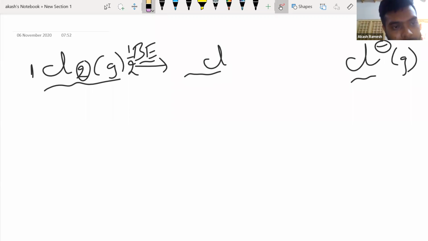I'll repeat again. How do I define bond enthalpy? It is the enthalpy change occurring when 1 mole of a compound gets converted into its atoms. So I have 1 mole of the molecule here, that is Cl2. For that to convert into 2 Cl, I require the whole bond enthalpy.